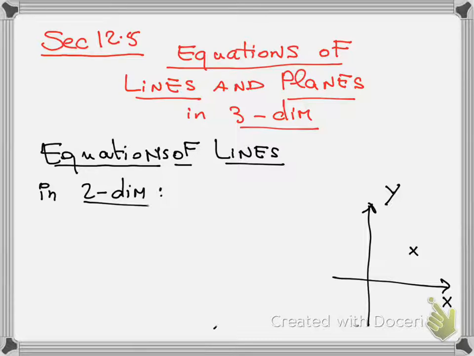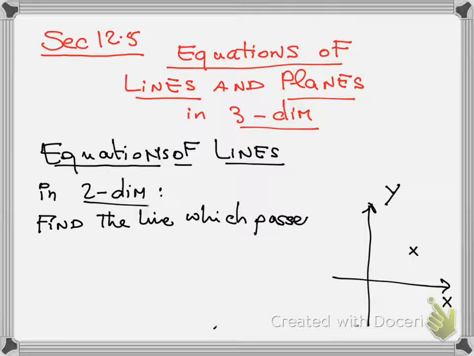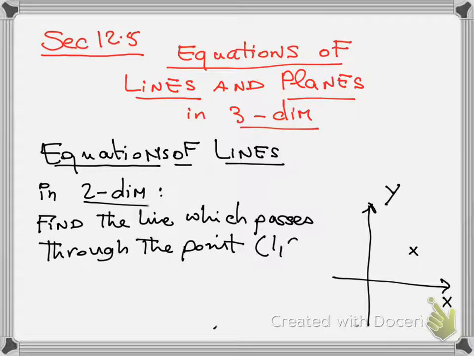So let's say you want to find the line which passes through the point (1, 2).